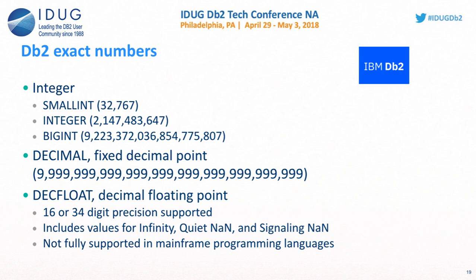And then we've also got the decfloat. Decfloat has a couple different precisions supported, and interestingly enough, it also supports the values of positive and negative infinity, positive and negative quiet NaN, and positive and negative signaling NaN, which we have to consider once we start flipping things over into JSON. The other thing that I'll say is that decfloat itself is not fully supported in all host languages, like COBOL. Got to convert it to something else.